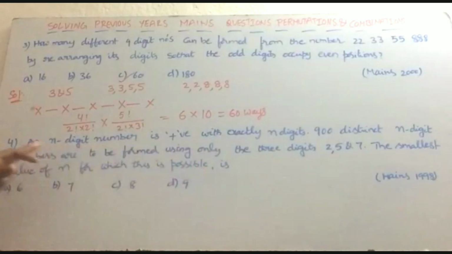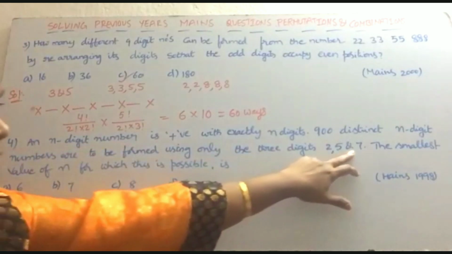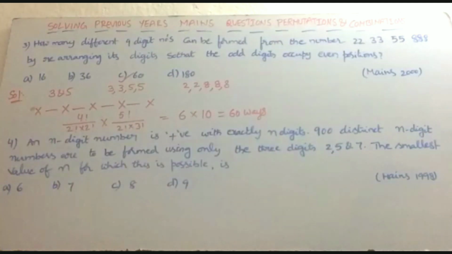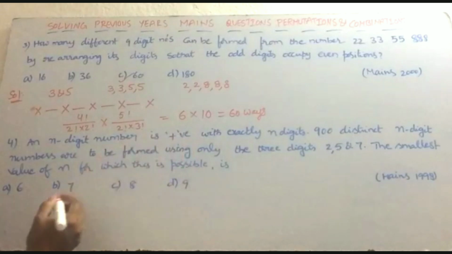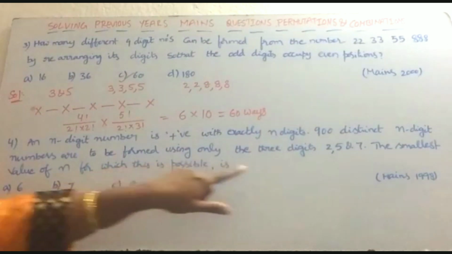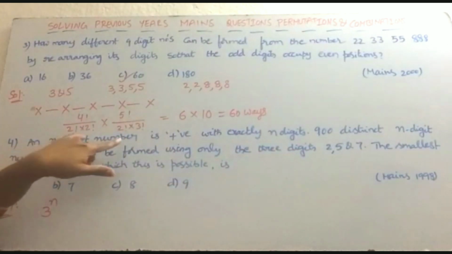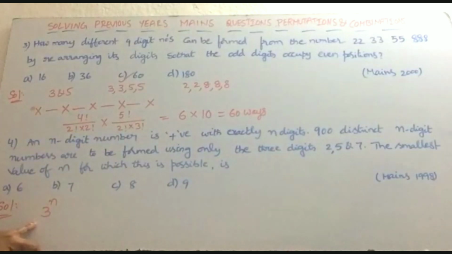So for an n-digit number using the 3 digits, we will write this as 3 power n ways. So they gave 3 digits 2, 5 and 7, and an n-digit number can be formed in 3 power n ways.